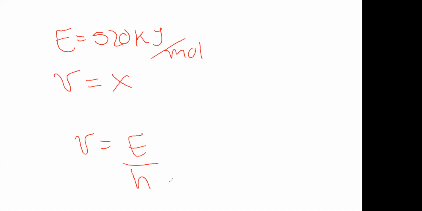Sorry, keep going. So what is the first step that you're going to take? You convert the kilojoules to joules. Convert the kilojoules to joules, right? So right now you have 520 kilojoules. What are you going to do to it to convert it to joules?